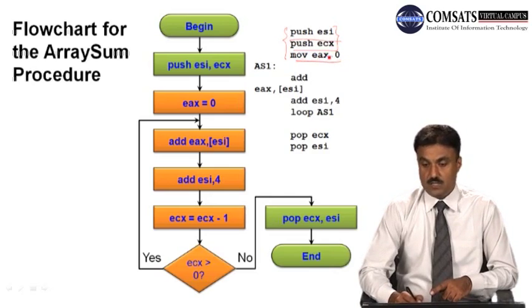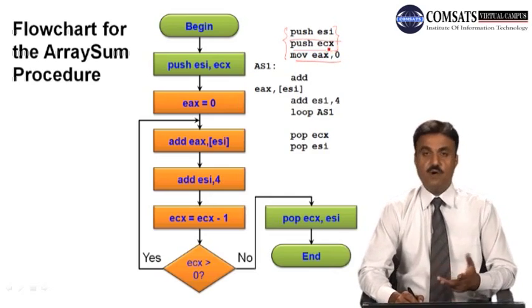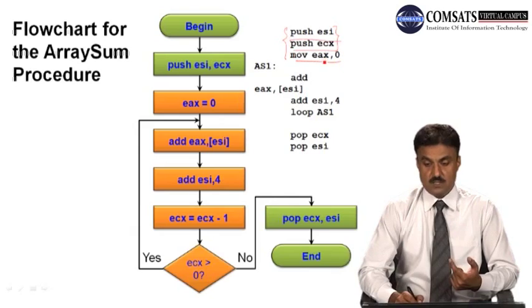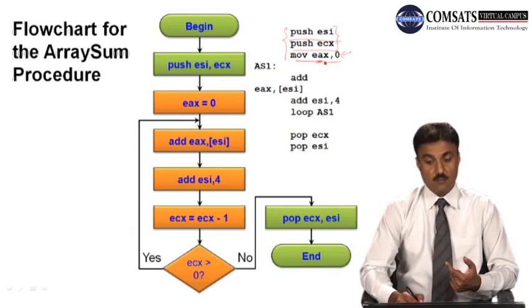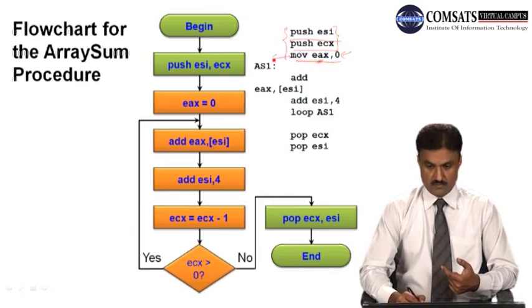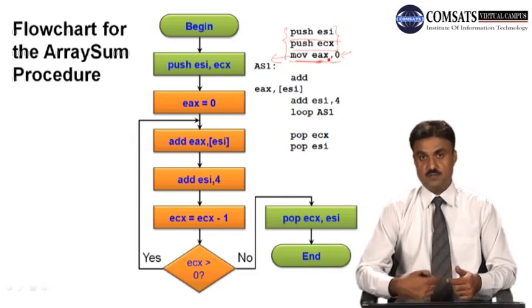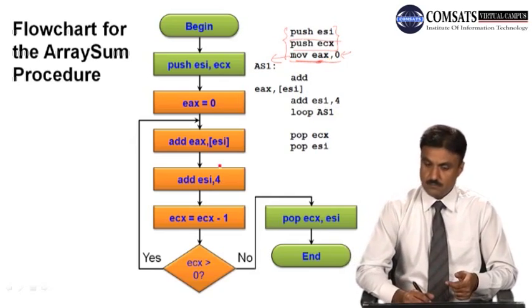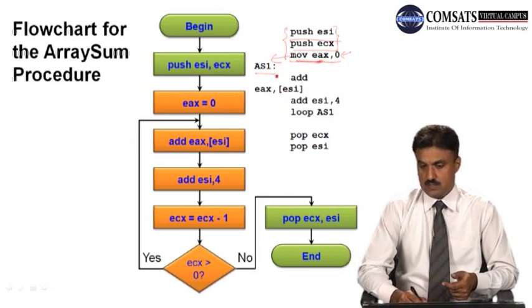If you are using EAX somewhere else, people avoid using EAX in the main program, we store our results somewhere else. So EAX is 0 now. Or sometimes we use this instruction inside the procedure also to remove whatever the previous contents are, and this is the label.